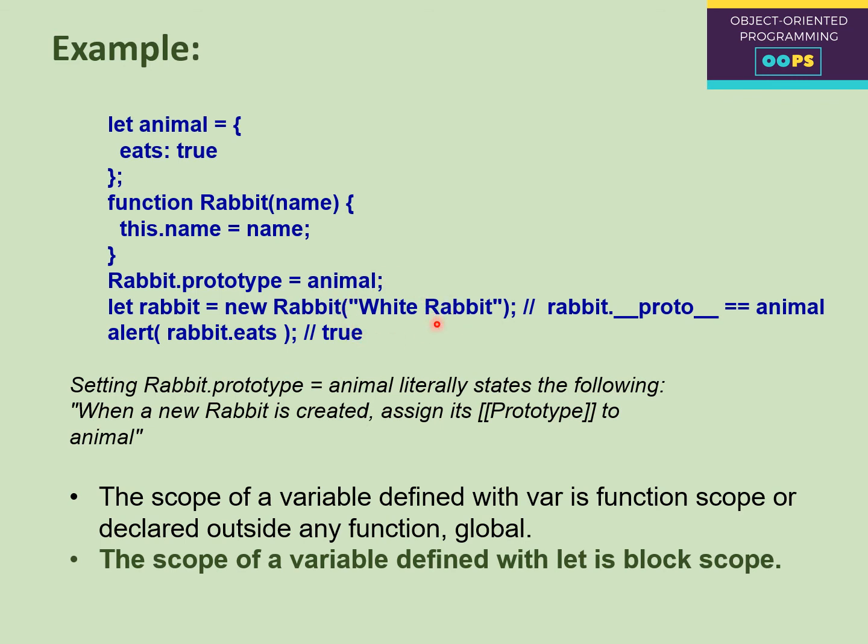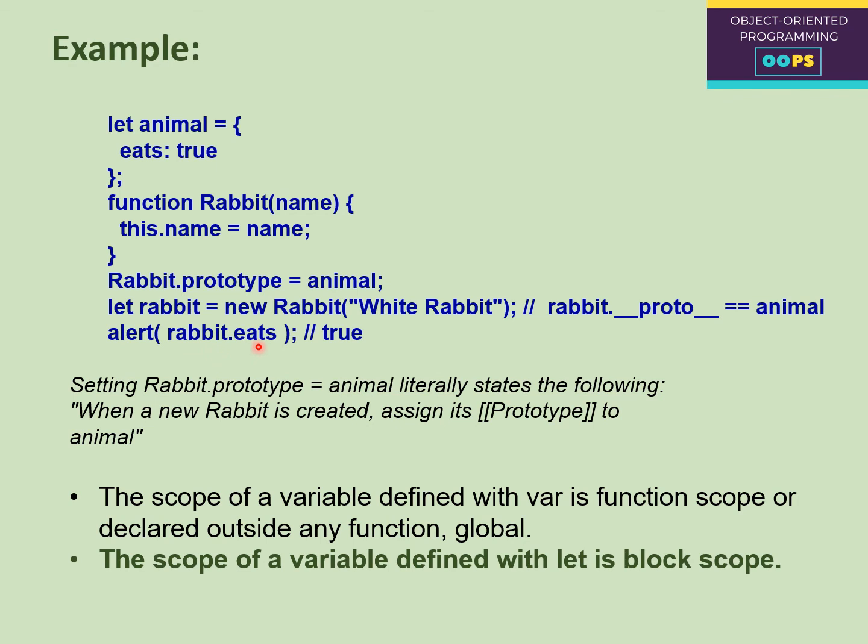With the argument White Rabbit, White Rabbit is copied to name, and for this small rabbit the name is White Rabbit. Then alert(rabbit.eats). Rabbit is actually an object of this Rabbit function, and this rabbit has the name White Rabbit, and we are trying to access rabbit.eats.